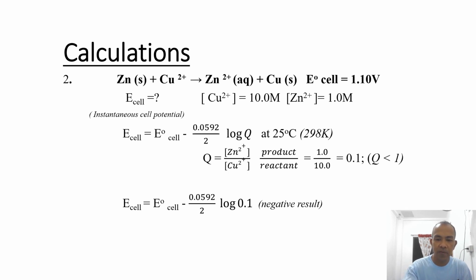So we will have a result of 1.13 volts. The correction term is around 0.029, so rounding up, it becomes 0.03. So the result is positive 1.13 volts.